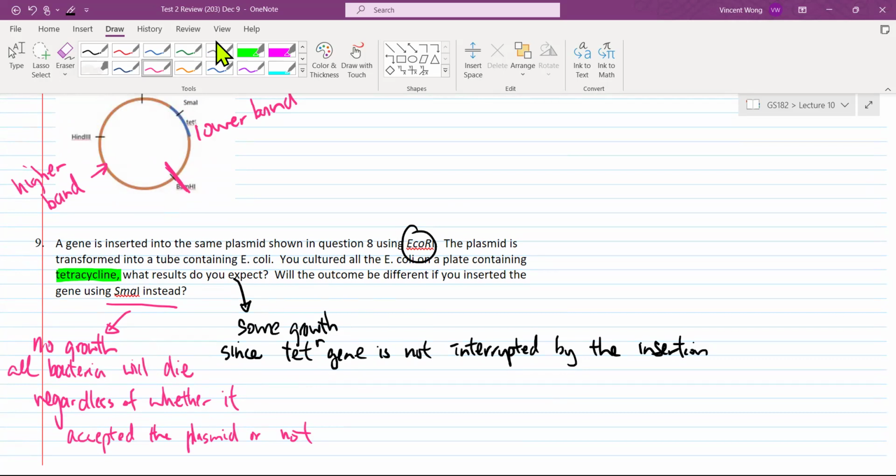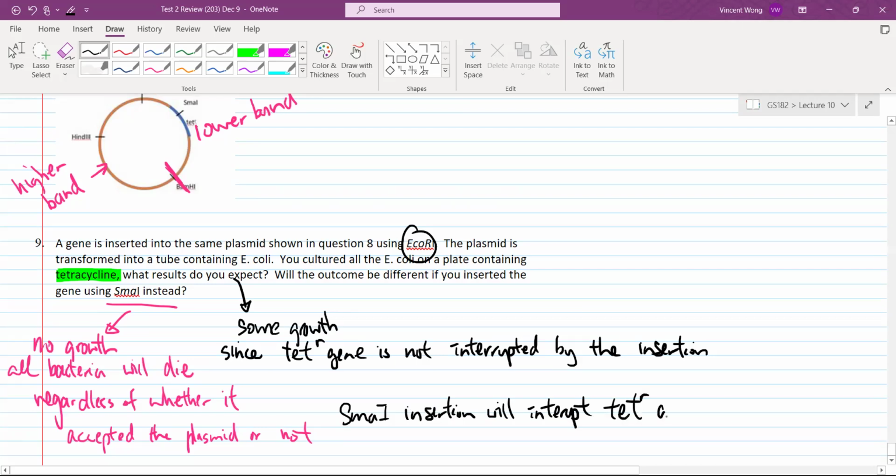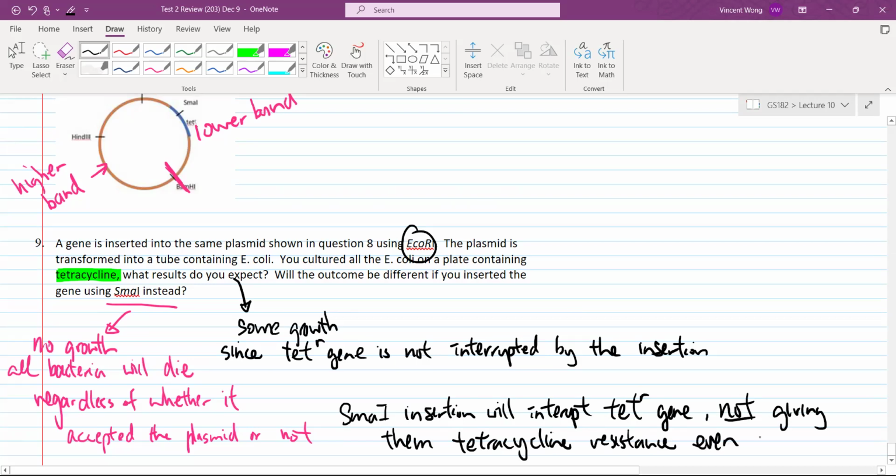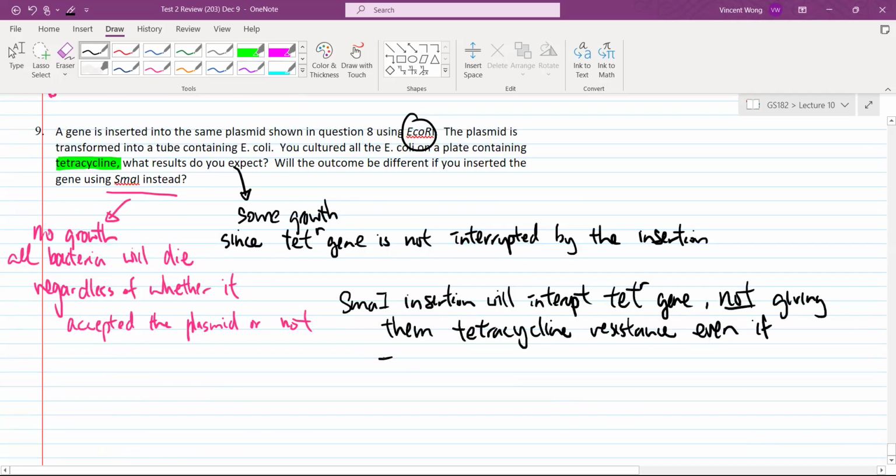So it's not going to give them resistance. SmaI insertion will interrupt the TetR gene, not giving them tetracycline resistance, even if they accept the plasmid.